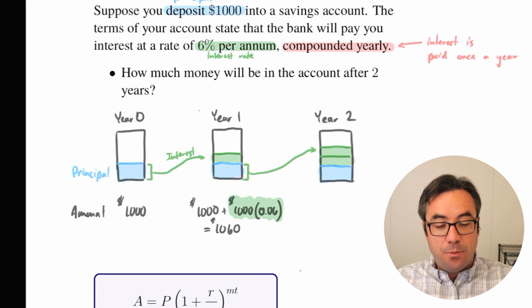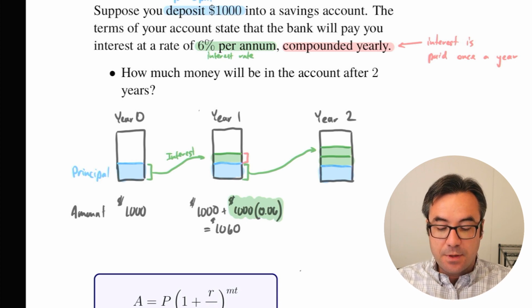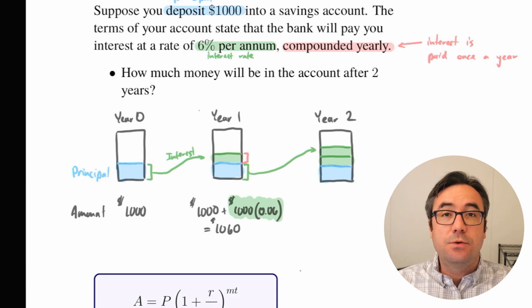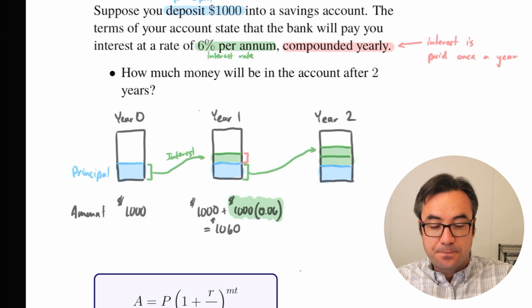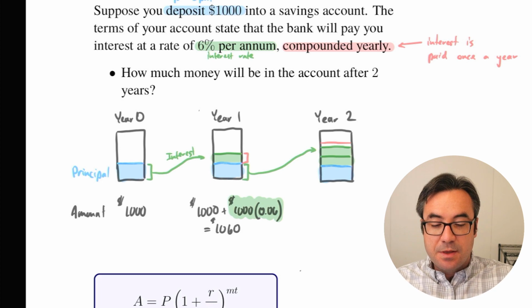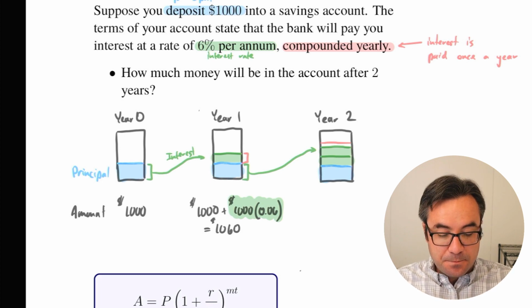But now there's this new part that wasn't there before. So the bank's going to recognize that we had this additional amount here, and that's going to start earning its own interest. So we're going to have a little sliver here.